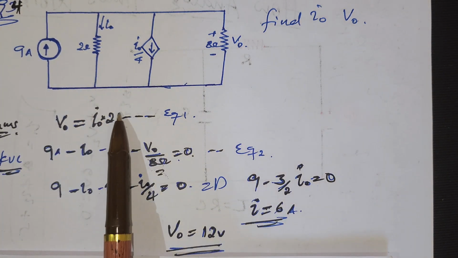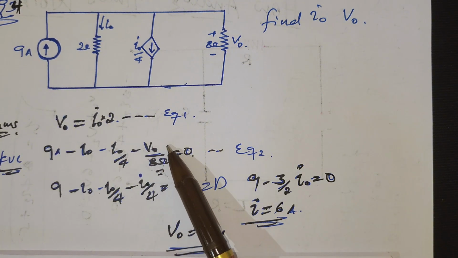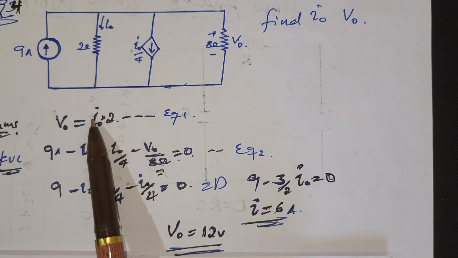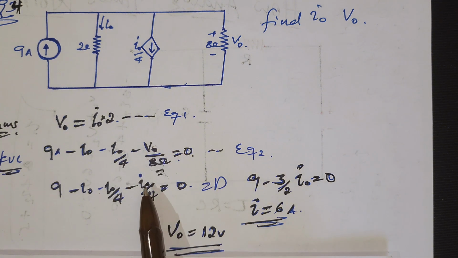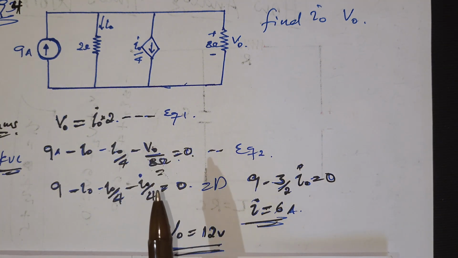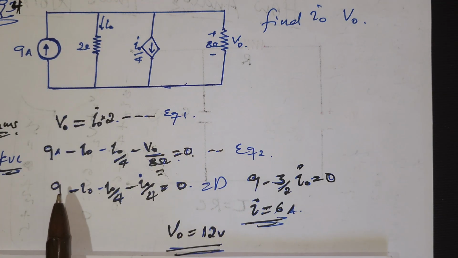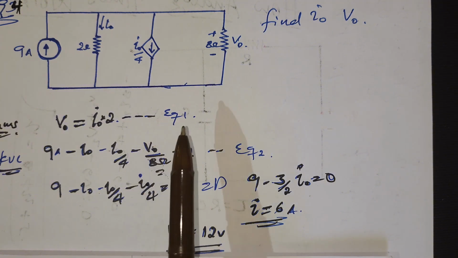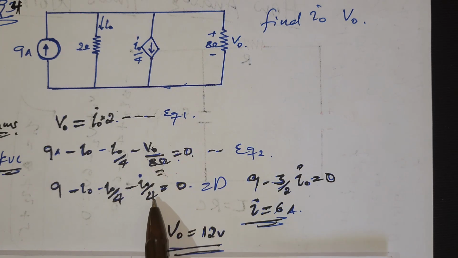We can substitute I naught times 2 in place of V naught, substituting this equation into this equation. So 9 minus I naught over 4 minus I naught times 2, where the 2 is cancelled by 8, just I naught over 4, is equal to 0.